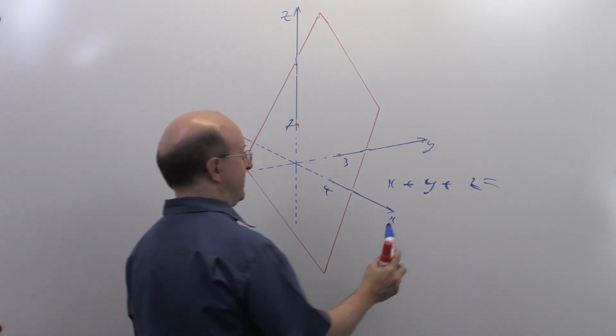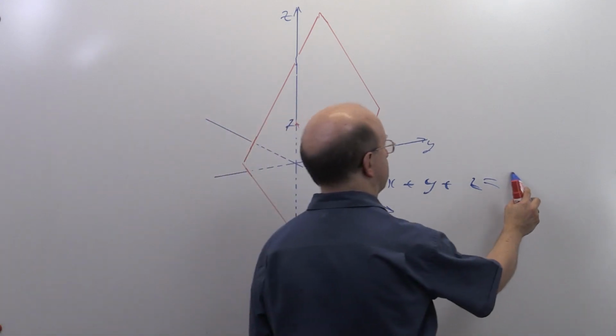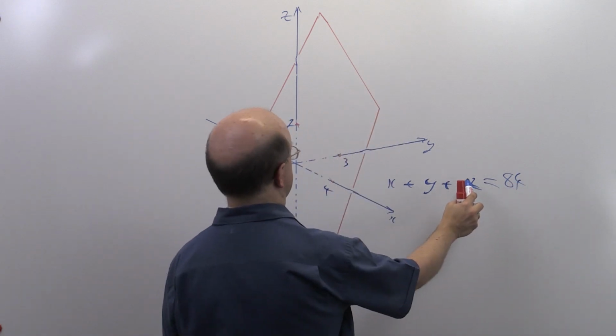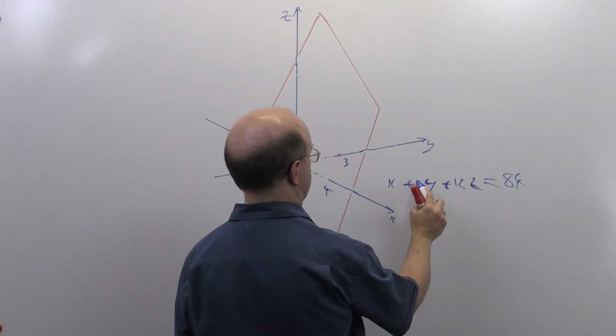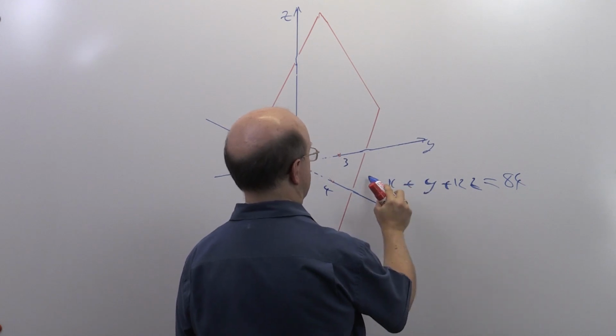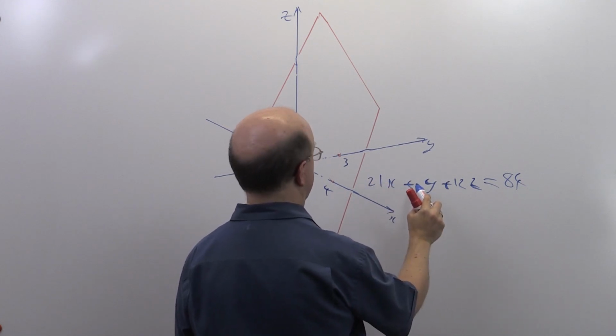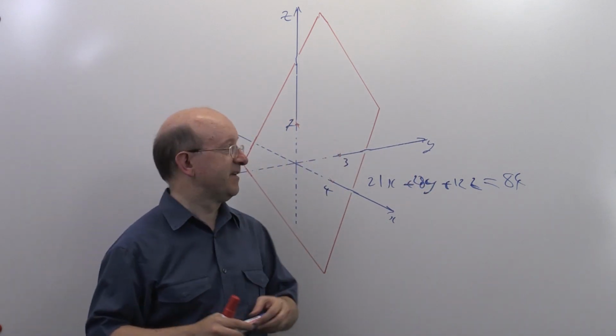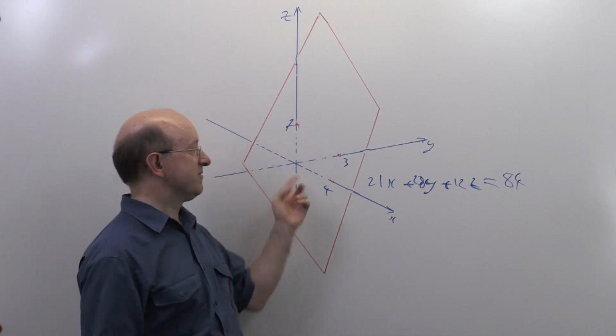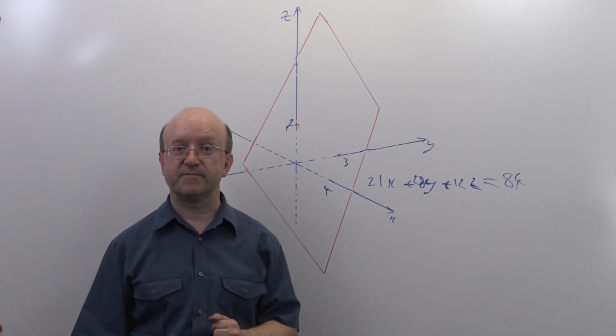So the common multiple of that, 84, isn't it? Yep. So if it's intersecting z at 7, then that should be 12. No, that one should be 21, and this one should be 28. Not such a great choice of numbers there, but that's what that plane is with the various intersection points.